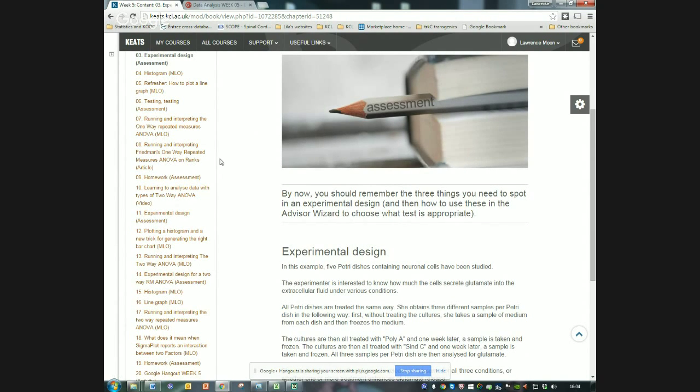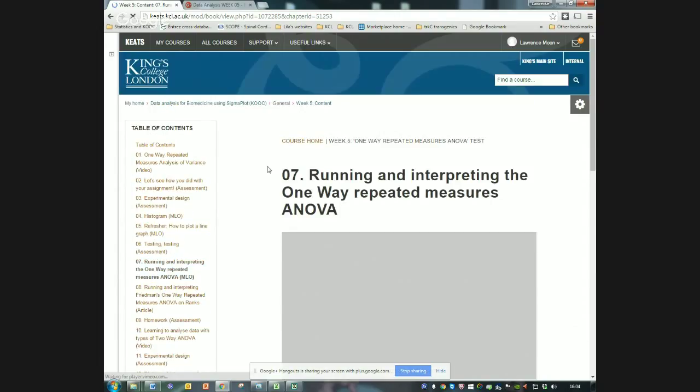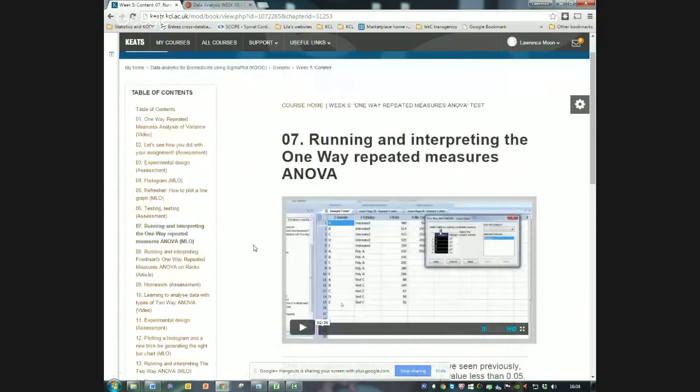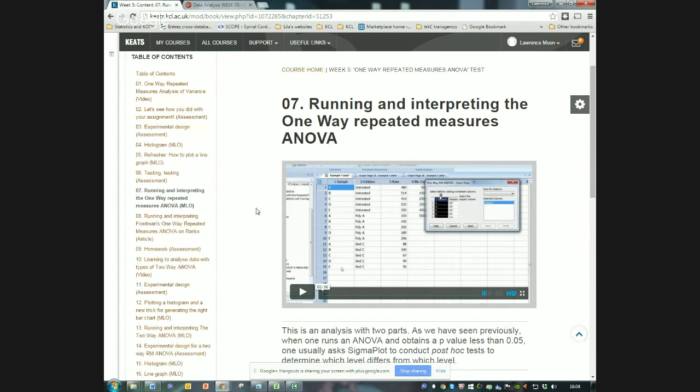In this short module, if you click here, you'll learn how to enter the data to run a one-way repeated measures ANOVA, how to plot the data, and then how to interpret it. Then you'll compare and contrast the one-way repeated measures ANOVA on ranks with the standard one-way repeated measures ANOVA, and you'll see whether or not you get the same results with each analysis.